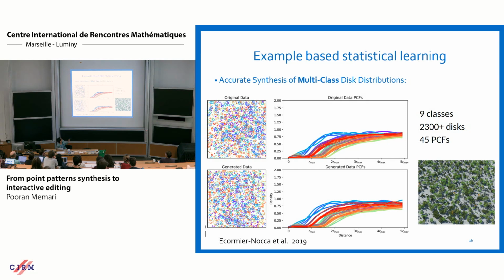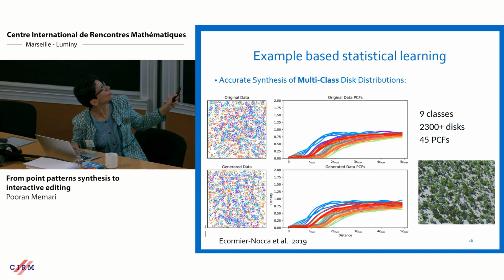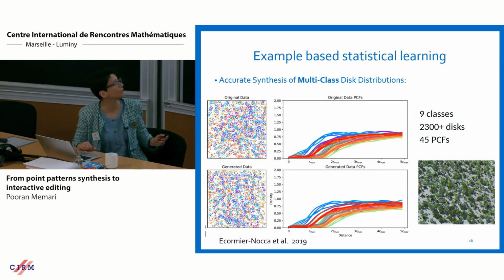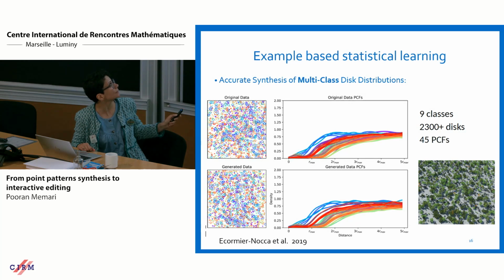This is an ecosystem with 9 classes that you can see in different colors. And if you consider different PCFs with respect to different categories in a specific order, for example, the biggest canopies are placed first, and then the smaller ones, etc., that would give you a kind of tree. And based on that tree, you will have 45 PCFs that would give you these features.